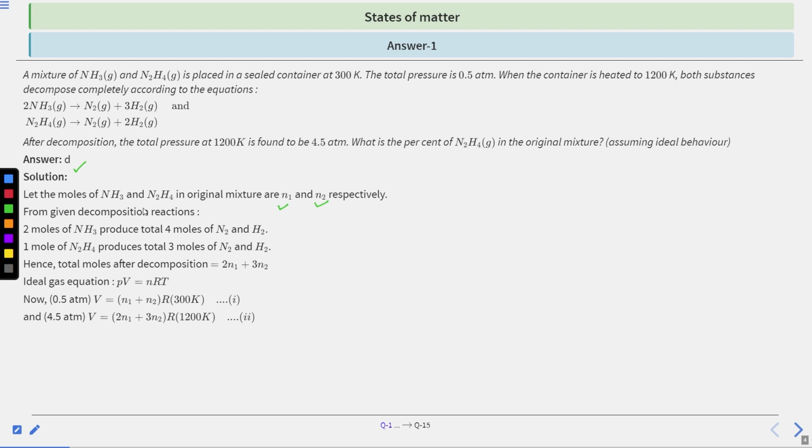Hence, the total moles after the decomposition is 2N1 plus 3N2. The ideal gas equation is PV equals nRT. So putting the values in this equation, we have two equations, namely first and second.